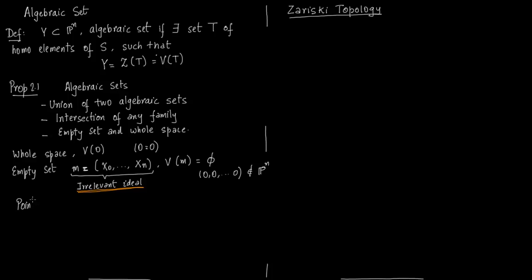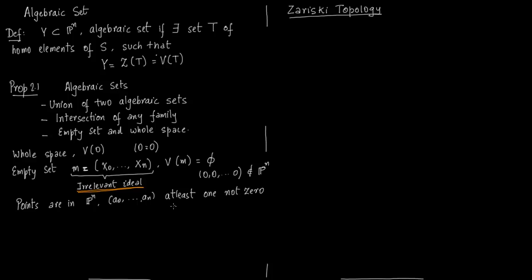Now points are also algebraic sets in Pn. We have already shown the whole space and empty set, so let us now talk about single points, given by homogeneous coordinates. This tuple will have at least one of the elements as non-zero. By definition, not all of them can be 0, because the 0, 0, 0 tuple is not even in projective space.